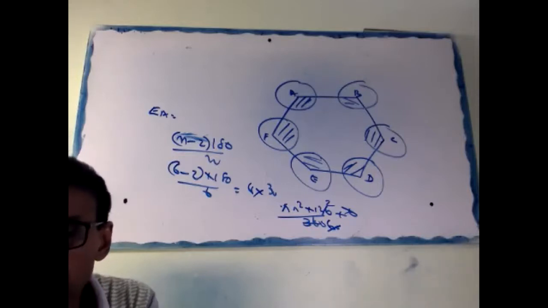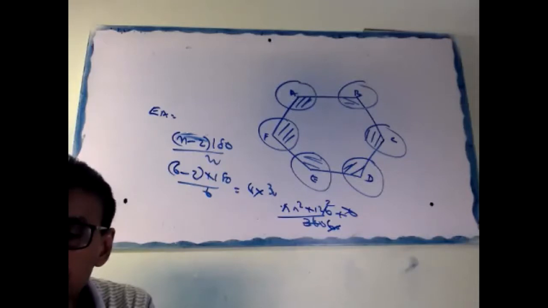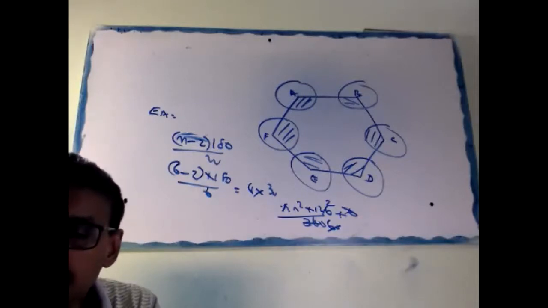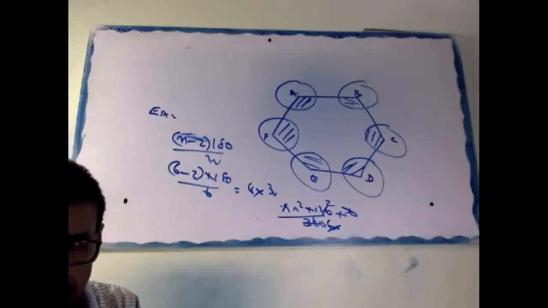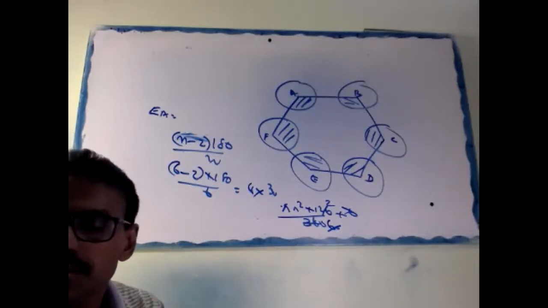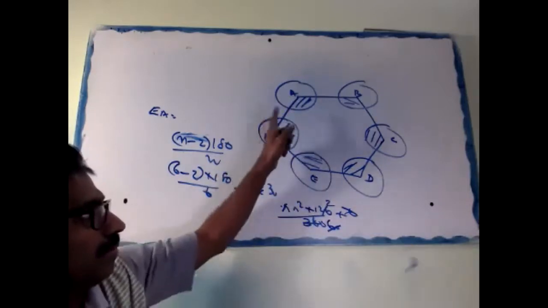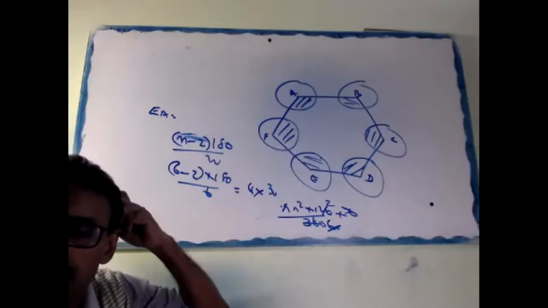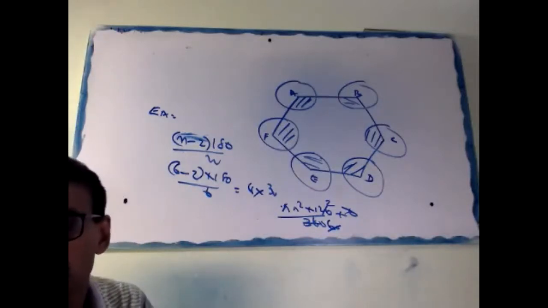You got the angle, right? Mansuri, listen. We have 6 sectors. You saw 6 sectors, right? A, B, C, D, E, F, 6 sectors. Each angle is how much? 120 degree. Understood or not?